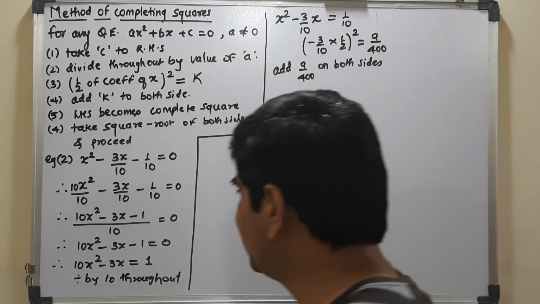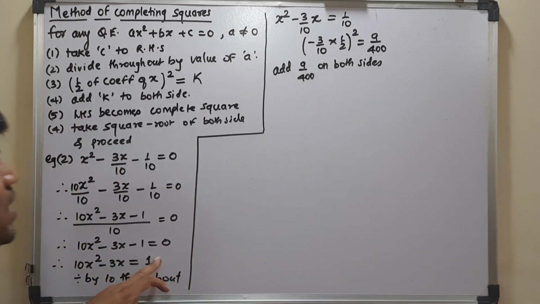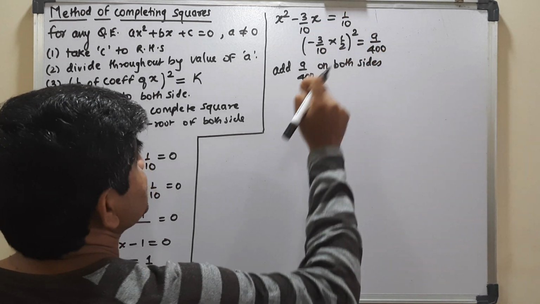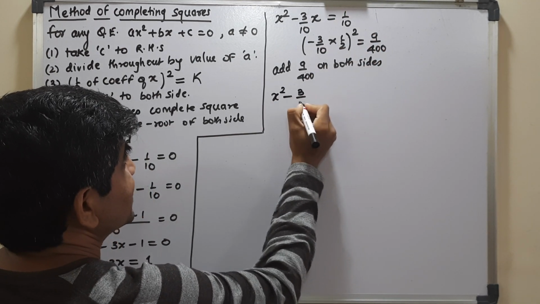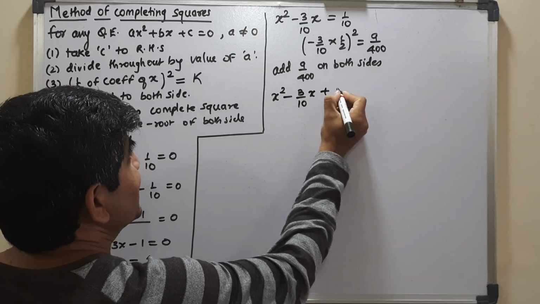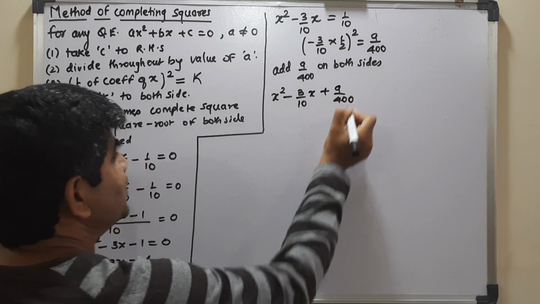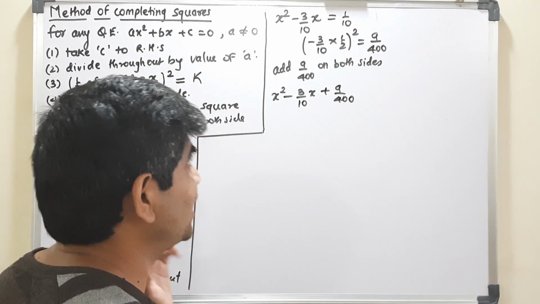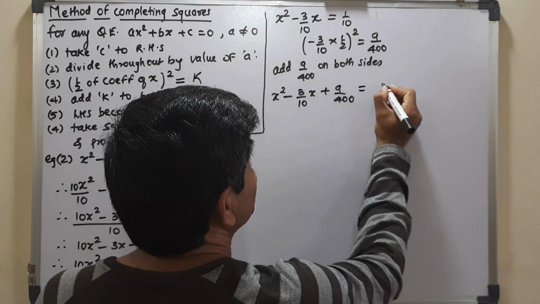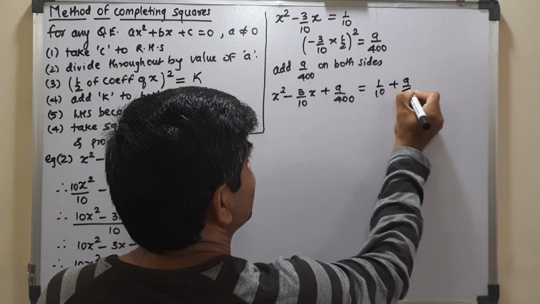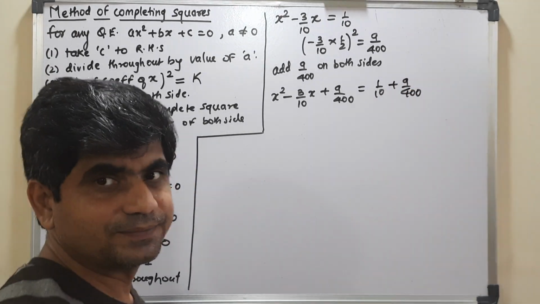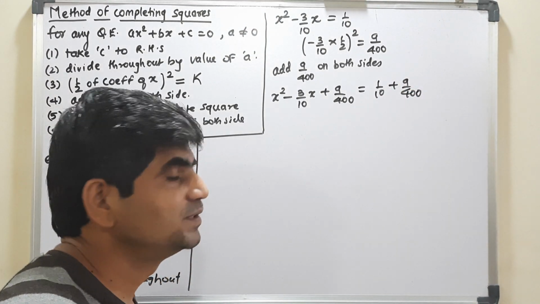Okay, so add it only once. So this is your left side, and on the right, add 9 by 400. x squared minus 3 by 10 x plus 9 by 400. Look, I should not write 40 over there like last time. Is equal to 1 by 10 plus 9 by 400. Agreed? I got it. No problem.